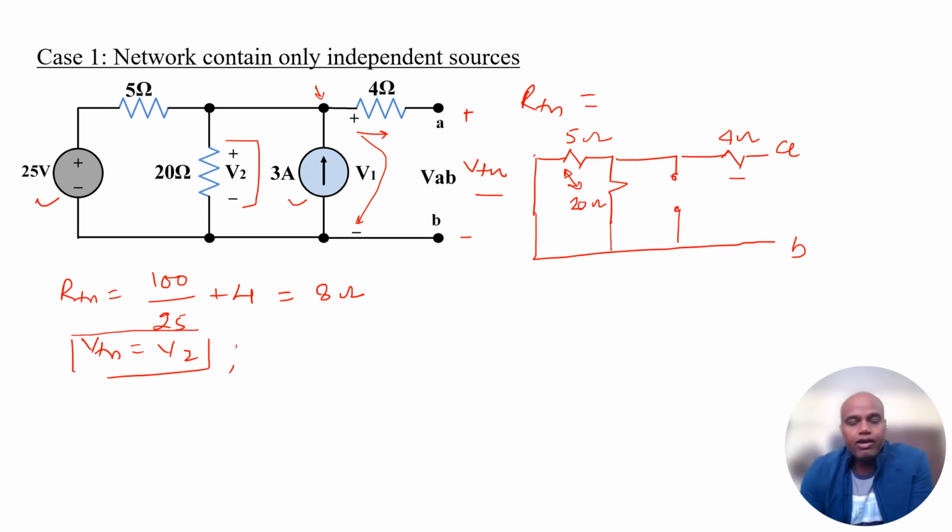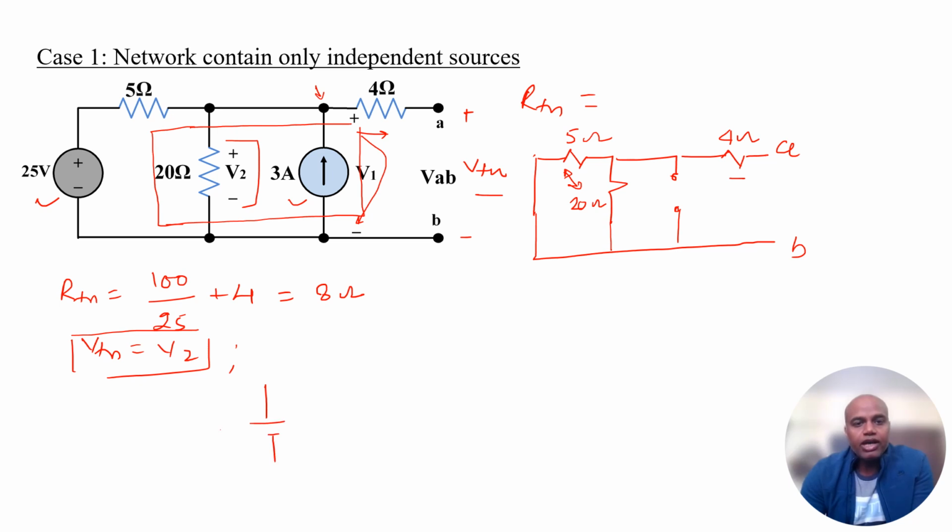Or, my favorite, the simple one: here I can see that one current source in parallel with a resistance is placed over here, so I can convert this source into a voltage source. This is nothing but the source conversion, and my new circuit will be like this.